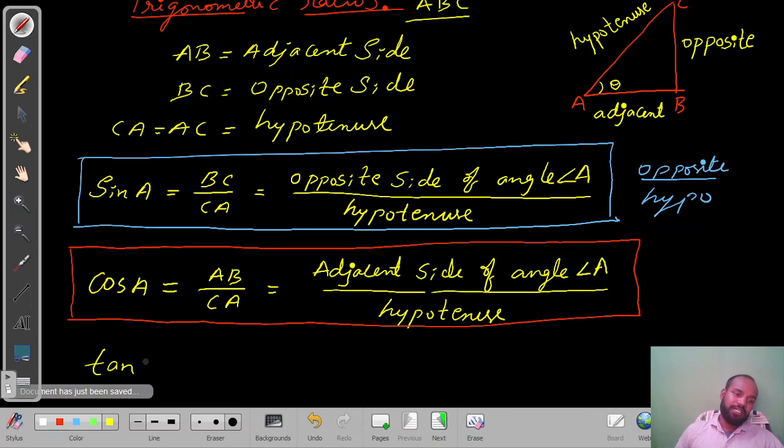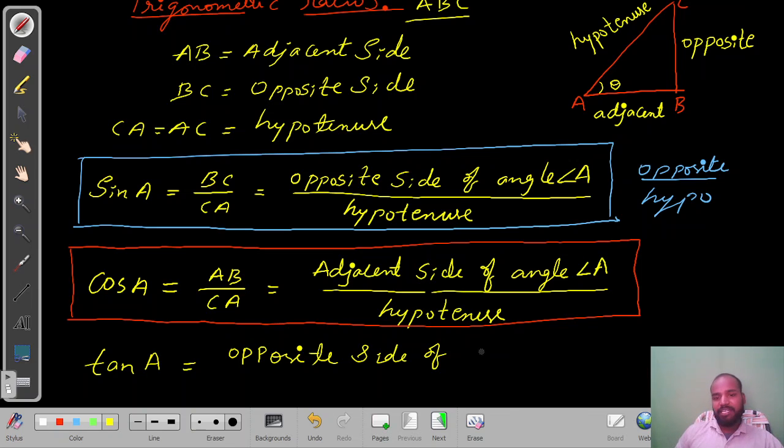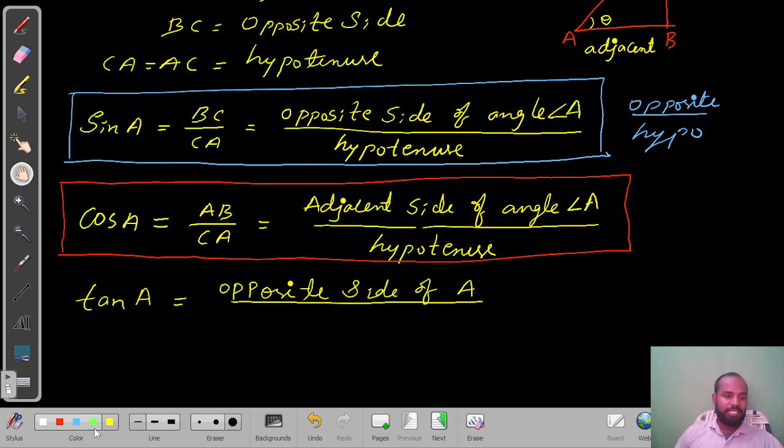So tan A. I'm going to write tan A equals to opposite side of angle A by adjacent side of angle A.